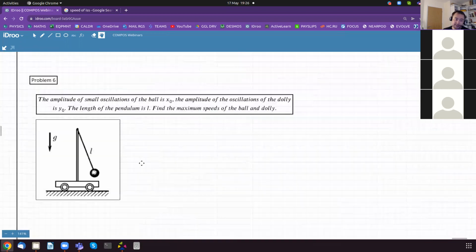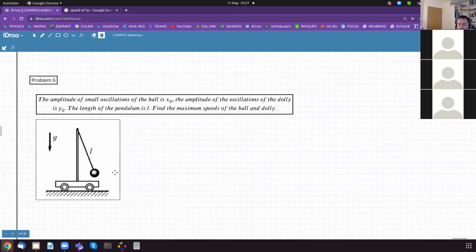Now, problem 6 is very similar to the problem that you have. There are two oscillators here. If you imagine what's going to happen when the ball is on a trolley, as the ball moves to the left, the trolley will move to the right.